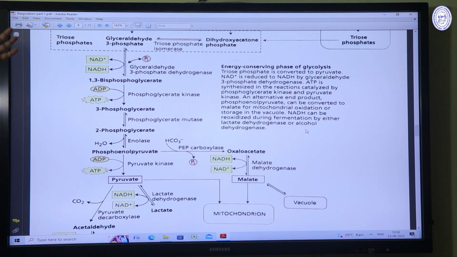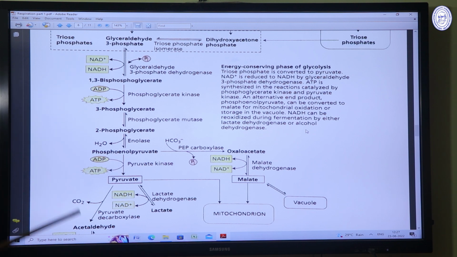So the first steps, which are known as the initial phase of glycolysis, where substrates from different sources will ultimately be converted into triphosphate, and now this triphosphate will be converted into pyruvate. These steps of glycolysis are energy conserving phases. Now, what happened here? You can see here that the glyceraldehyde will be converted into 1,3-bisphosphoglycerate, then 3-phosphoglycerate, then 2-phosphoglycerate, then phosphoenol pyruvate, and finally pyruvic acid or pyruvate.